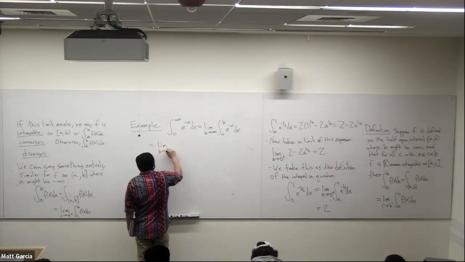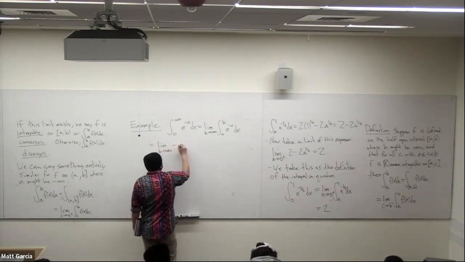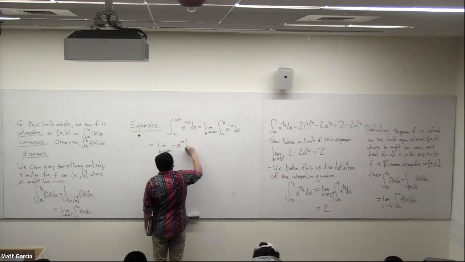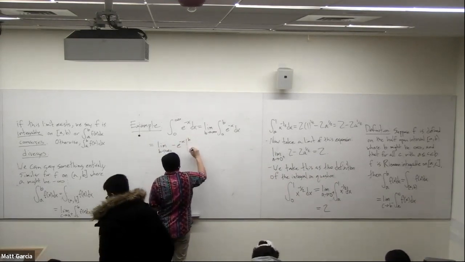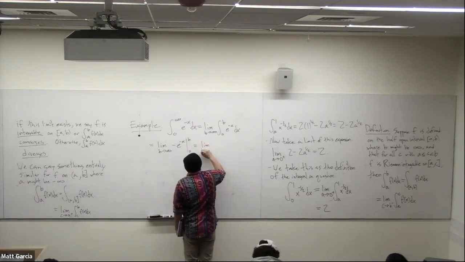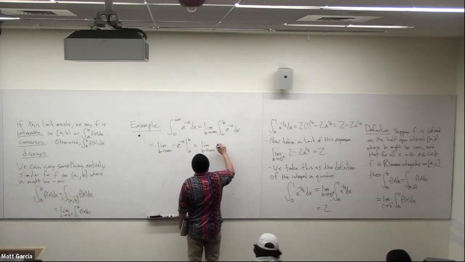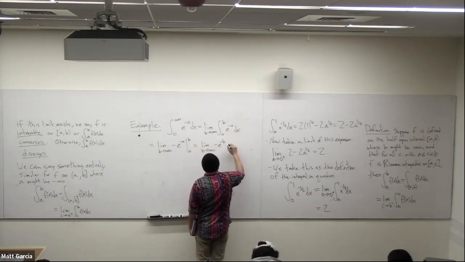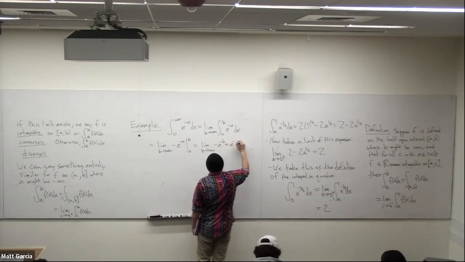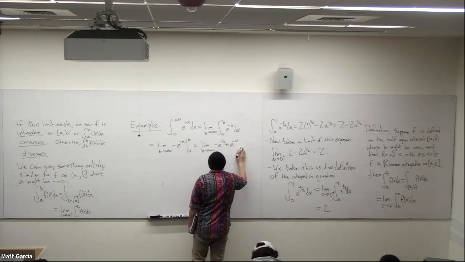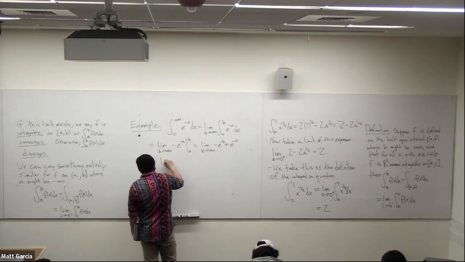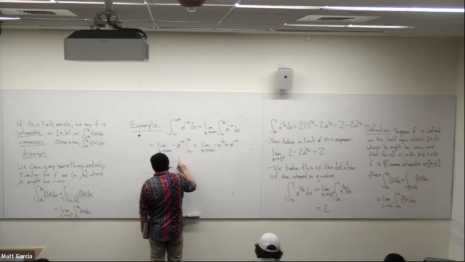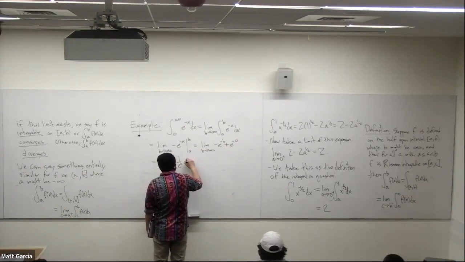So we take the limit as b approaches infinity of negative e to the negative x evaluated at b and 0, or in other words, the limit as b approaches infinity of negative e to the negative b minus negative e to the negative 0. Okay, so I'll rewrite this one more time. The limit as b approaches infinity of negative 1 over e to the b plus 1.